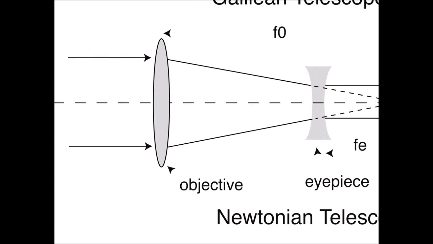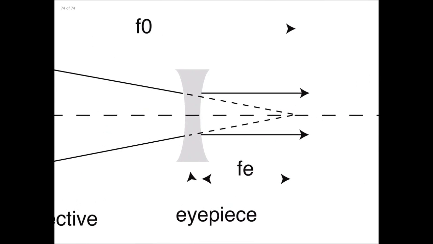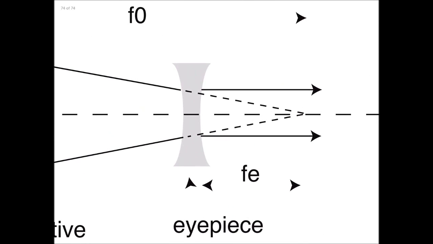But before it comes to focus, you place a concave lens. And if you remember, a concave lens bends rays outward. So if you have parallel beams coming into a concave lens, the parallel rays become divergent, and converging rays become parallel. That is what is shown over here.